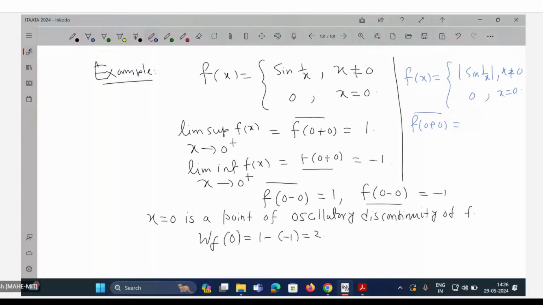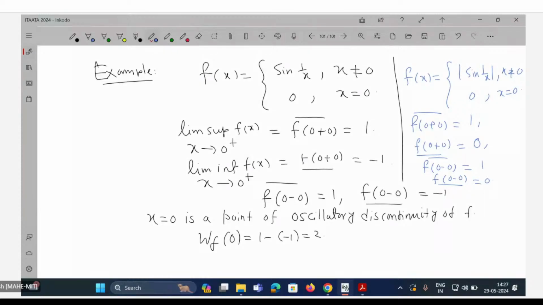It will be 1 again. Supremum will be the same. 0 plus 0 lower bar will now be 0, not minus 1, because we have the mod value. And 0 minus 0 upper bar will be 1, and 0 minus 0 lower bar will be 0.